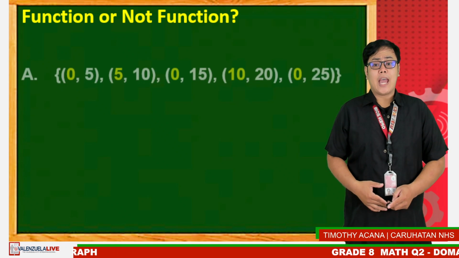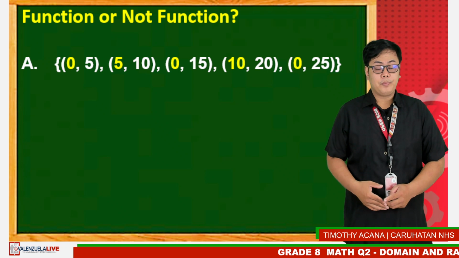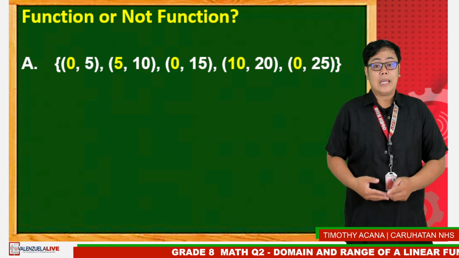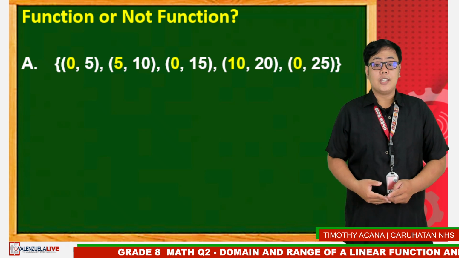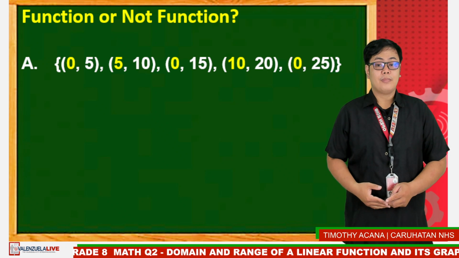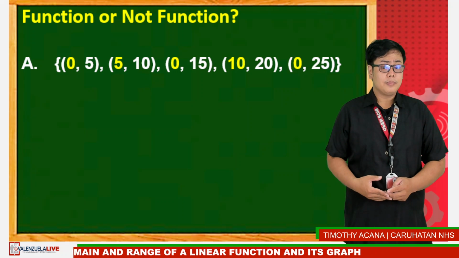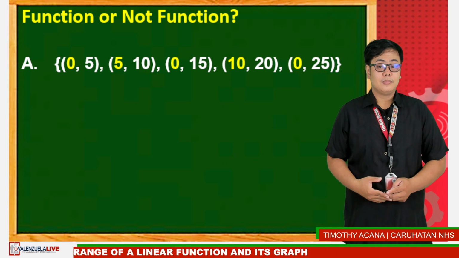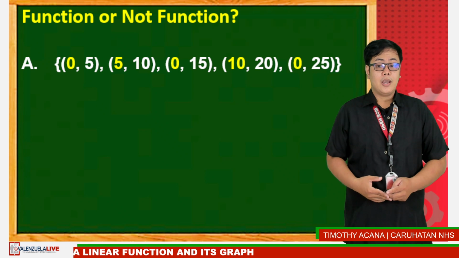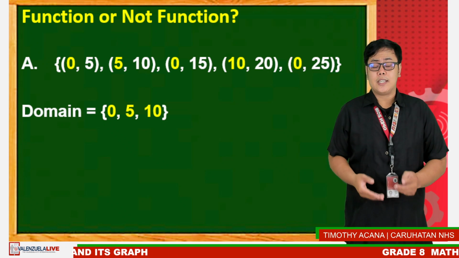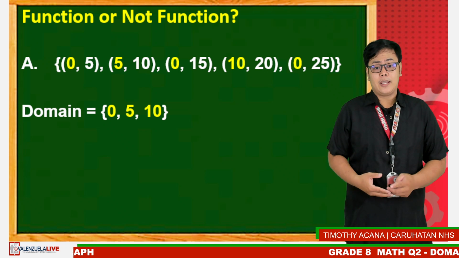First, we have (0, 5), (5, 10), (0, 15), (10, 20), and (0, 25). Can you determine if the given set of ordered pairs is a function or not? The domain is the set containing the elements 0, 5, 10.